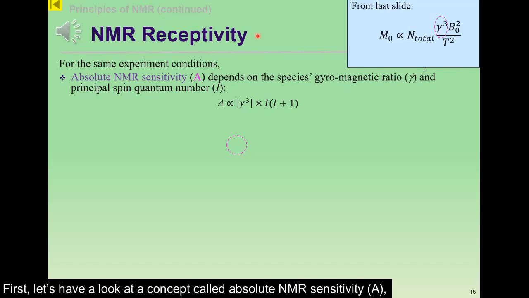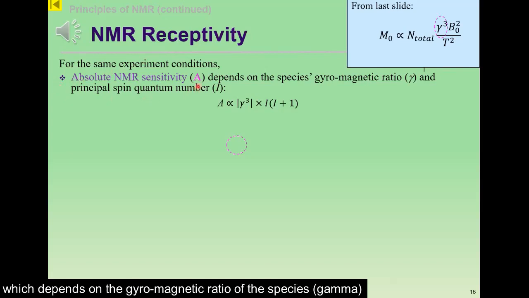First, let's have a look at a concept called absolute NMR sensitivity, A, which depends on the gyromagnetic ratio of the species, gamma, and the spin quantum number of the species, I, such that A is directly proportional to the absolute value of cubed gamma times I times bracket I plus 1.